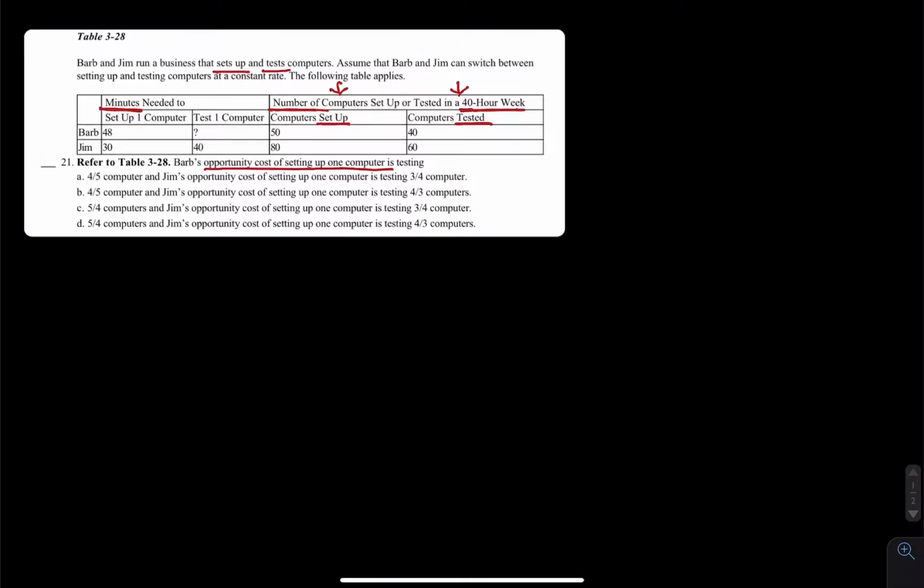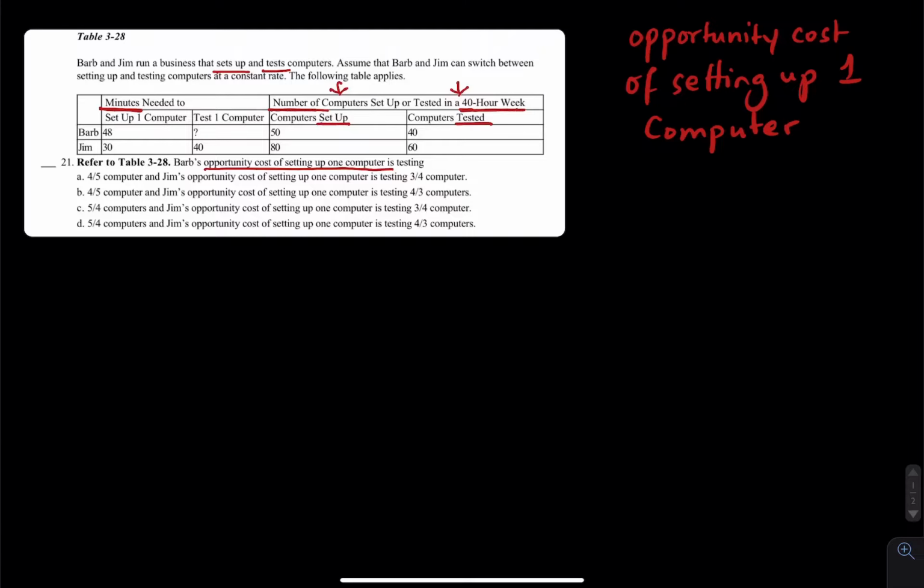So let's keep this at the back of our minds. So what is the opportunity cost of setting up one computer, for both Barb and Jim? You got to find that out.